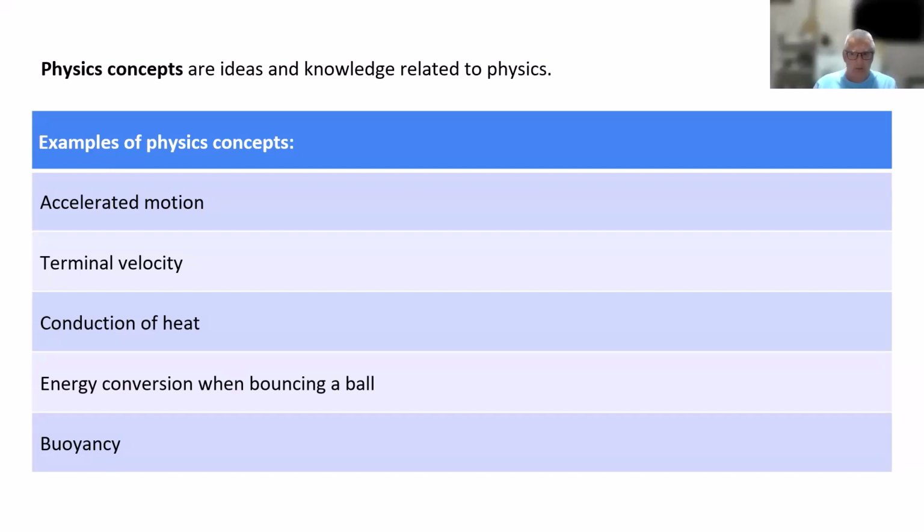I'm sure terminal velocity is, but is velocity on its own a concept or not? And that's probably something to be discussed by your science department or by experts much cleverer than me about whether velocity is a concept on its own. Okay, but we'll come back to that in a few minutes.